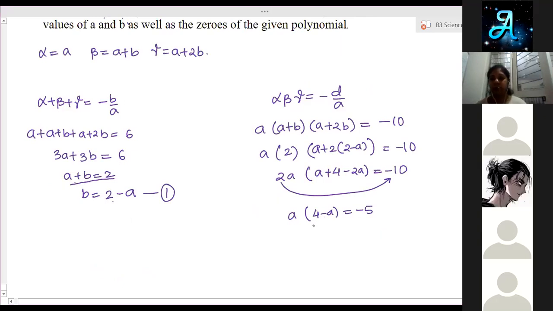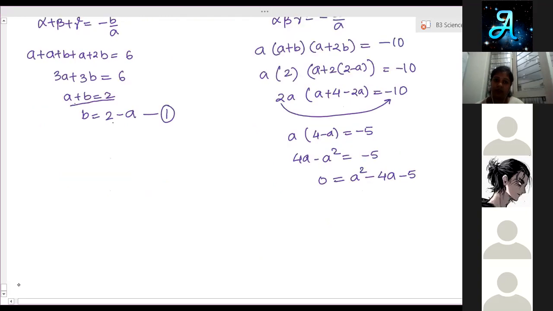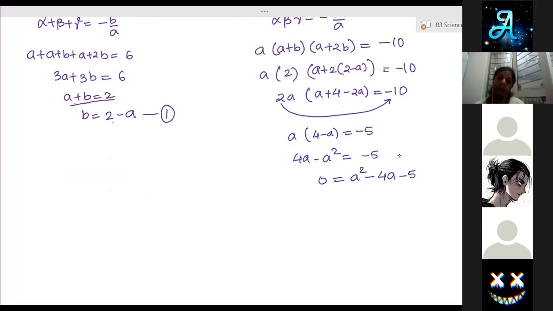Yes, ma'am. Then 4A minus A square is equal to minus 5. 0 is equal to A square minus 4A minus 5, right? These steps clear or not? Yes, ma'am.